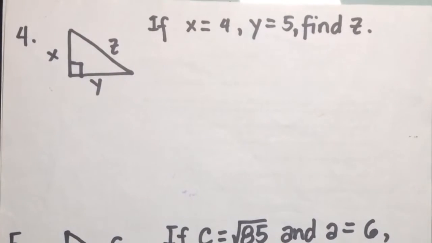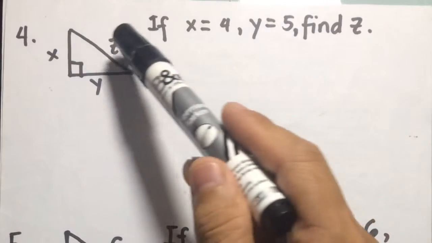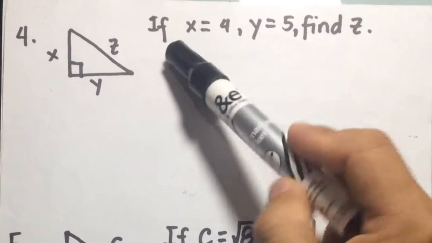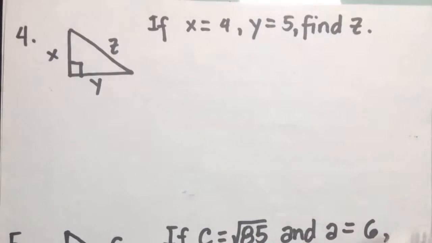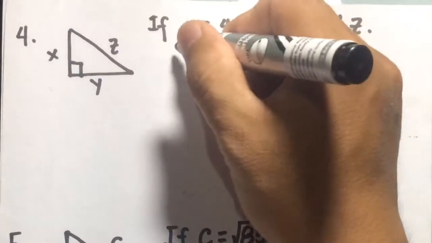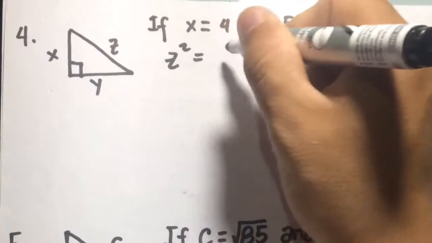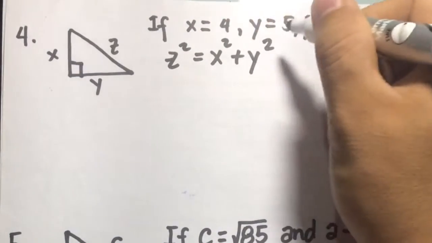Then example number 4, we have the figure. The legs are X and Y, and the hypotenuse is Z. Now if X is equal to 4 and Y equals 5, find Z. We're going to use the formula again. These are the legs here, and this is the hypotenuse. So we have Z squared equals X squared plus Y squared.